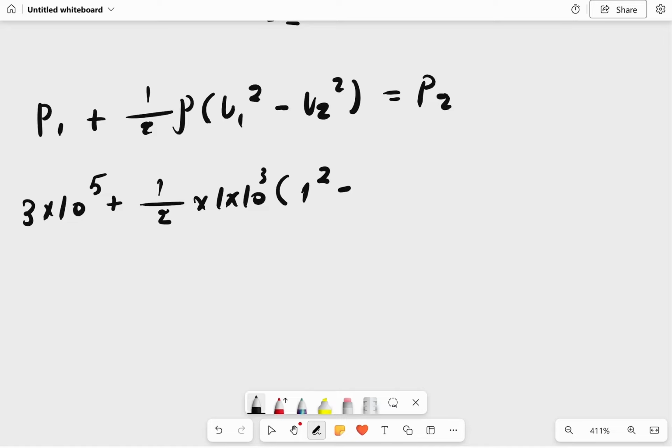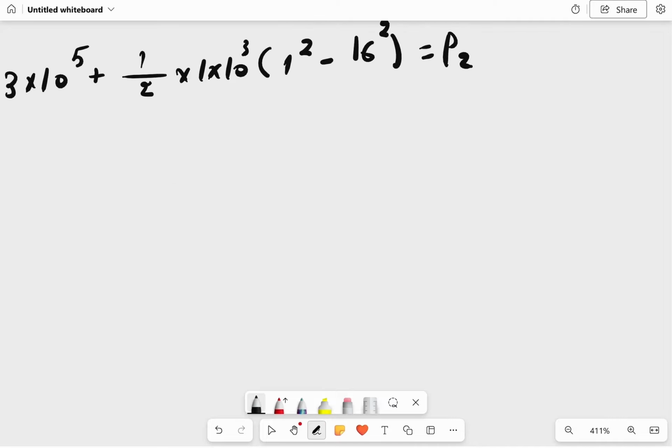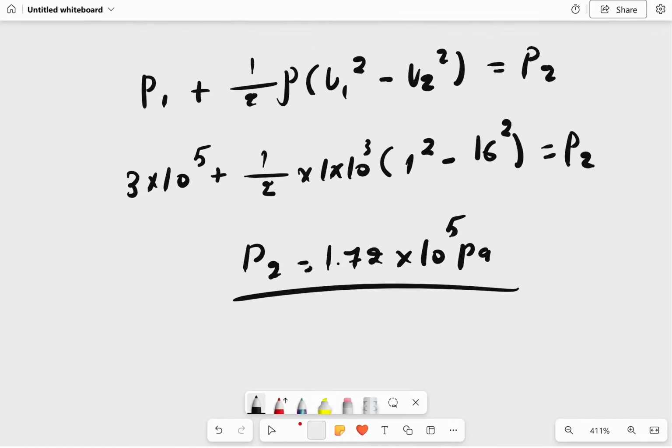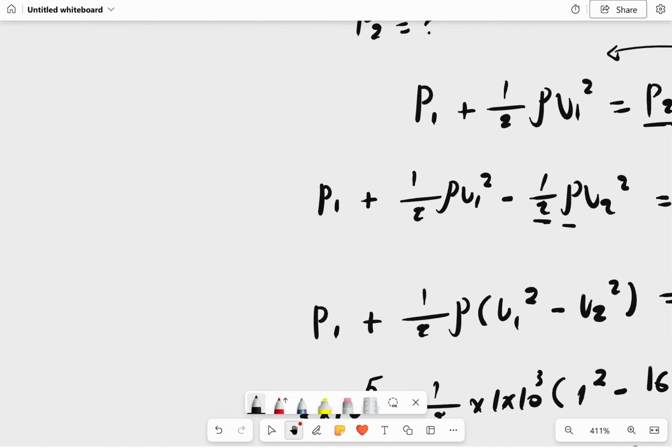We found V2, which was equal to 16, then 16 squared is equal to P2. Calculate all of this, and P2 is equal to 1.72 times 10 to the power of 5 Pascal. Okay, this is the pressure in the narrow section.